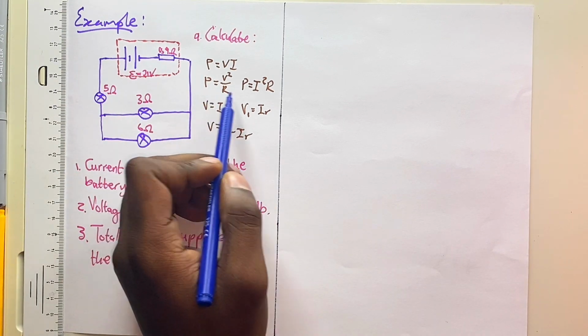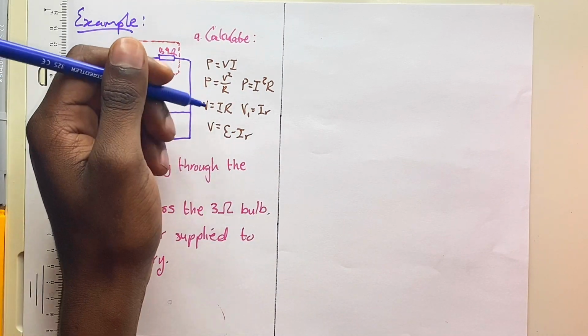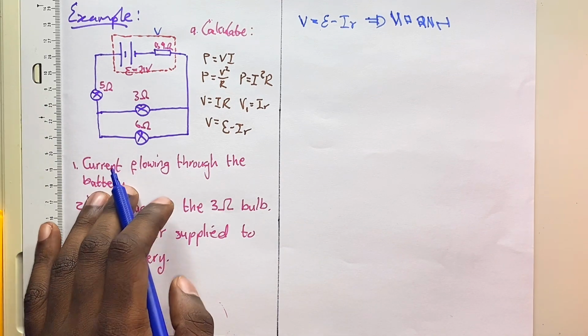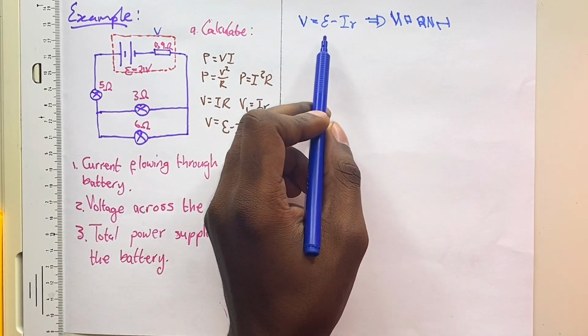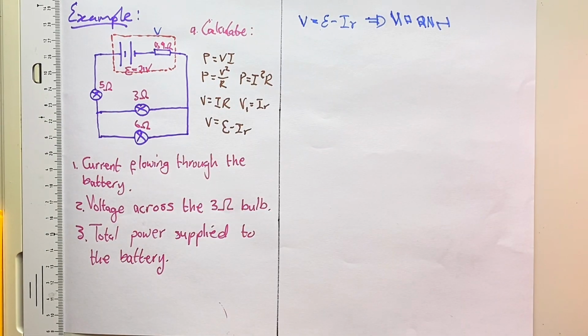And I have written the formulas for power here so that we can choose which one we want to use. Now, to calculate the current flowing through the battery, we have our formula here that links the external voltage to the EMF. Now, I will just rearrange it.